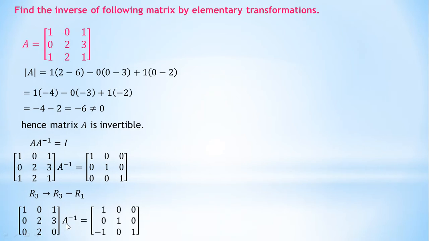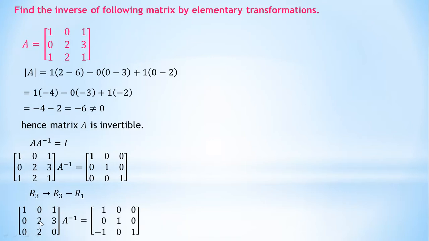A inverse as it is, and we have to follow this procedure on the right hand side also. So 0 minus 1 is minus 1, then 0 minus 0 is 0, and then 1 minus 0 is 1. So you write row number 3 like this by this transformation, and here we get 0.